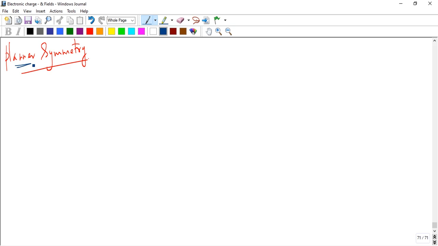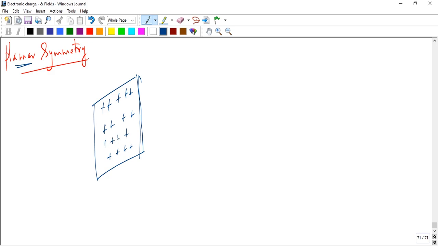So we consider a charge sheet, a very thin sheet that contains all positive charge. If you want to calculate the electric field, this thin sheet contains positive charge. So choose a suitable Gaussian surface.